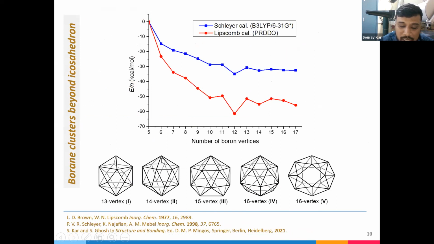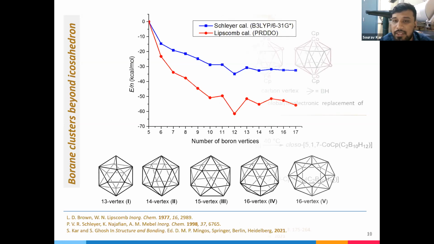The 14-vertex has 6-connected vertices, the 15-vertex has 3 higher degree vertices, whereas the 16-vertex has 4. That's why boron was not able to occupy these higher degree vertices, due to its low orbital diffuseness.